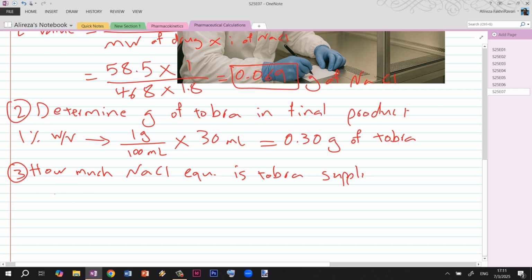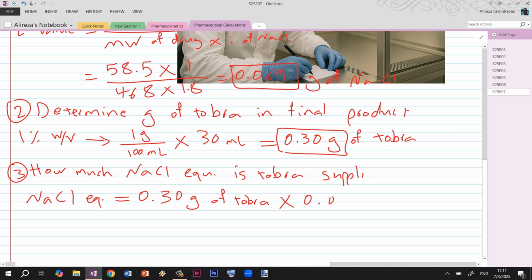So essentially you will use the equation: sodium chloride equivalent equals how much of the product we have. So we're going to have in the final product 0.30 grams of Tobra. And then this is where you use the E value. So you multiply it by the E value, which is 0.069.